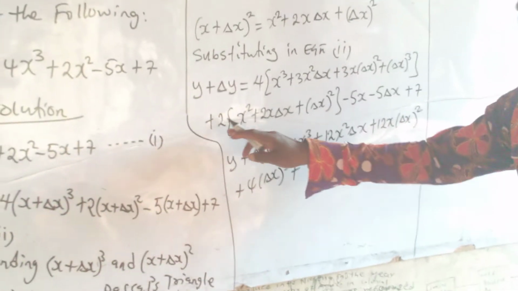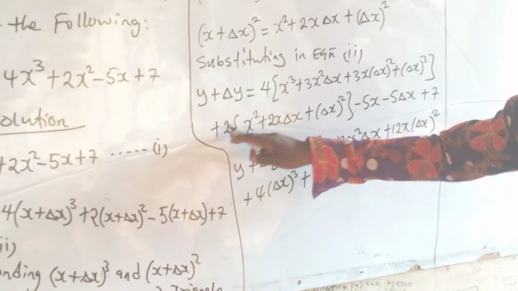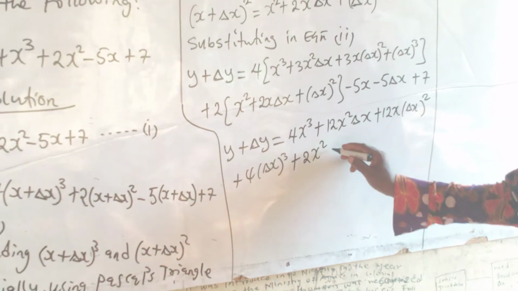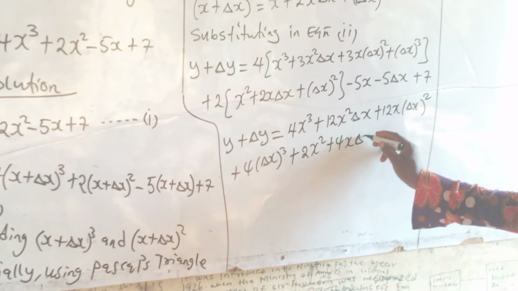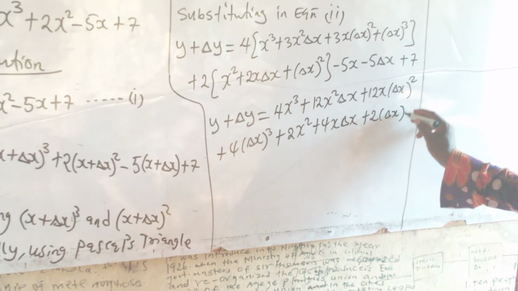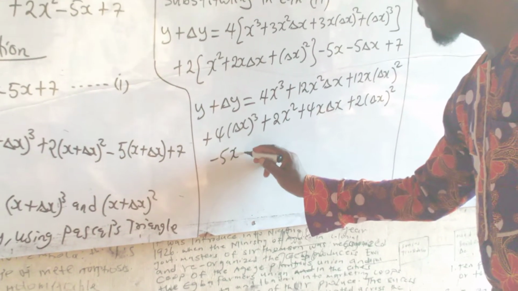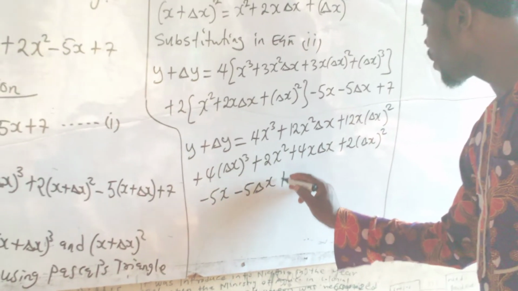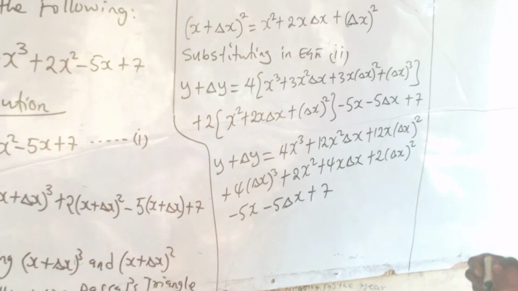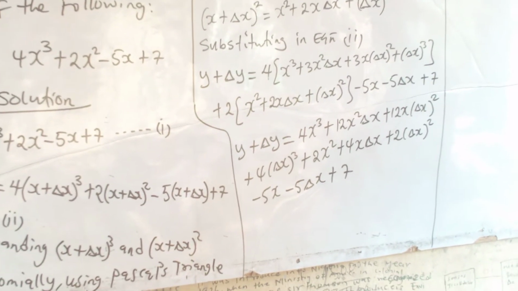So you have plus 2 times s squared will give you what? 2s squared. 2 times 2, this 2 here now, is going to give you 4s change in s. 2 times this will give us what? 2 into change in s raised to power what? 2. Then how do we write the whole of this? You say minus 5s minus 5 change in s plus 7. This is where we are. So the next step will be for us to make this delta y or change in y the subject of the formula.